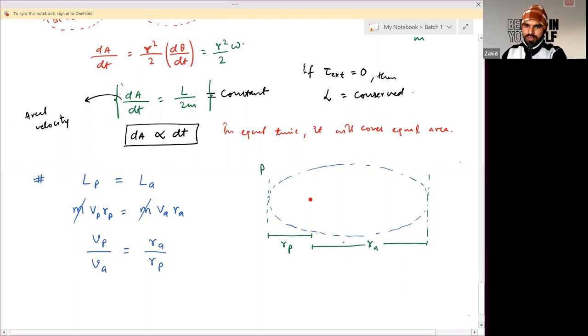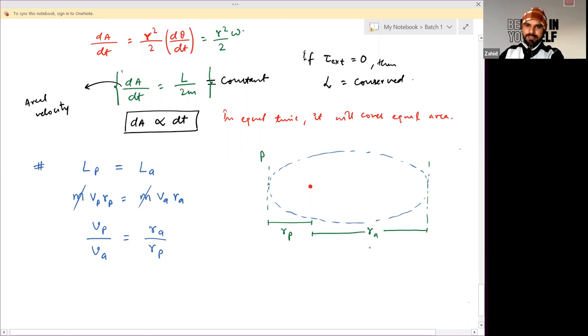According to this diagram, we can see RA is much larger compared to RP. So this ratio will be greater than 1. It means the velocity of the planet at perihelion will be greater compared to aphelion.